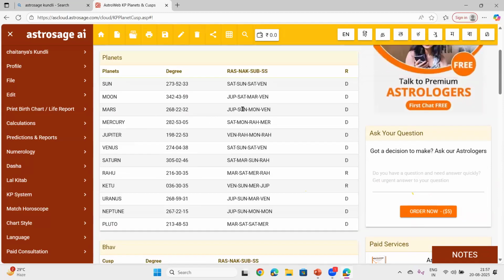Moon, nakshatra lord is Saturn, followed by Mars. Similarly, the other was Venus, Sun and Saturn. And also we are connecting with Mercury, Moon and Rahu. So now the connections have to be seen. So now tell me the date.